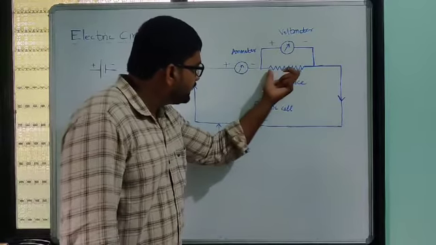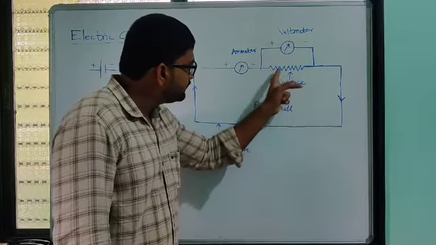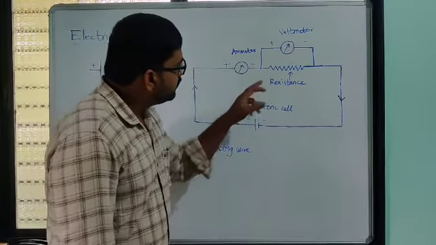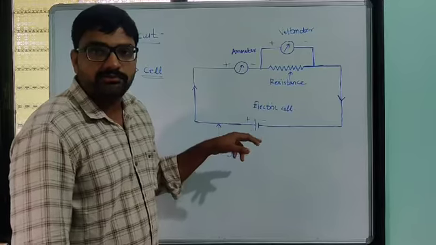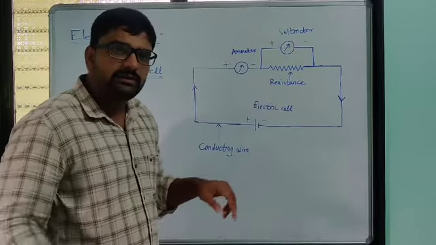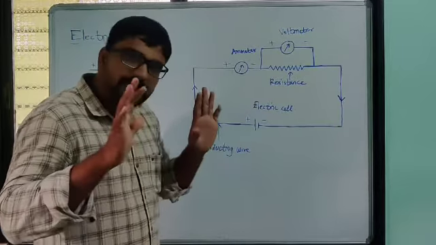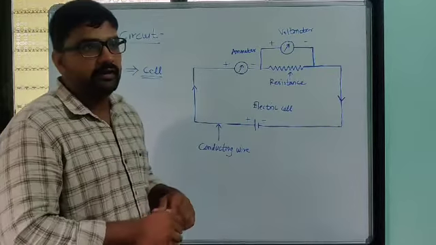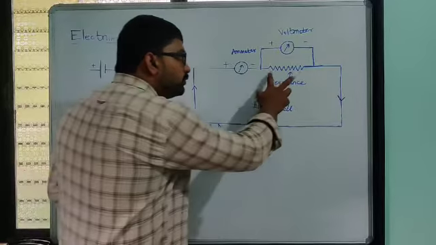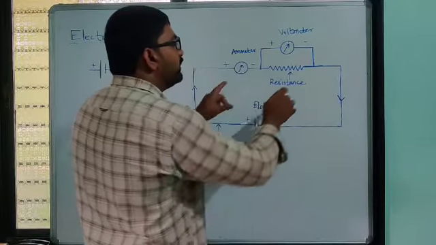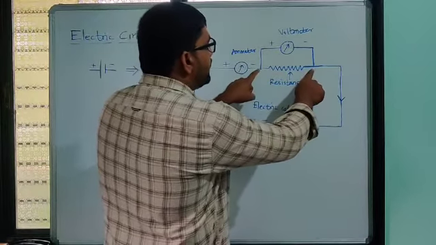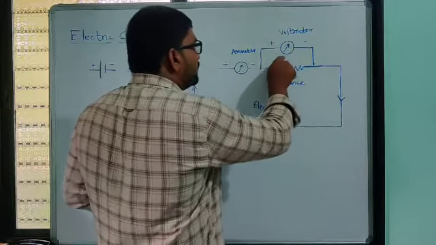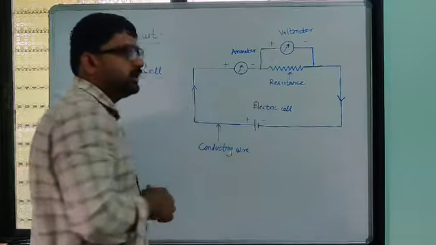We connect one resistance here. This is the resistance, a speed-breaker-like structure. Resistance simply resists the flow of electric current. It tries to stop the flow of electric current. Due to this resistance, potential difference is generated between these two ends. To measure this potential difference, we use this voltmeter.